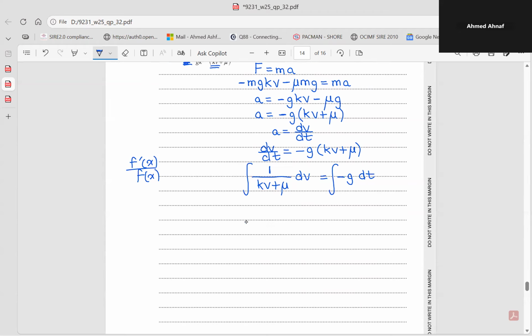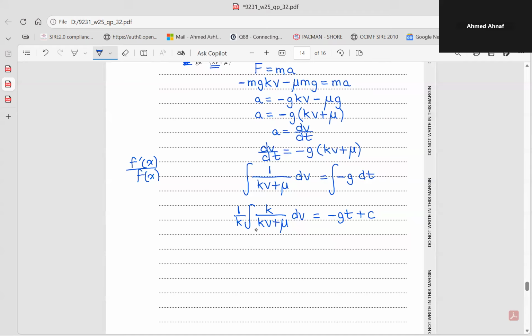So we're going to replace the numerator with k over kv plus mu. However, this changes the entire value, so to make the value the same, we also divide by k by putting a 1 over k on the outside of the integral. And for the right side, it's just minus g t plus c.